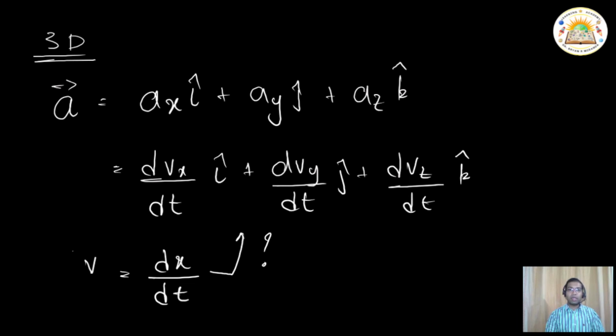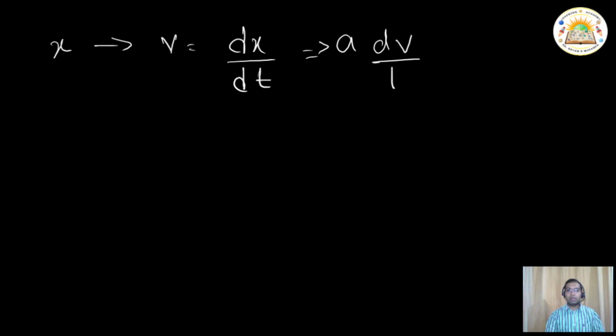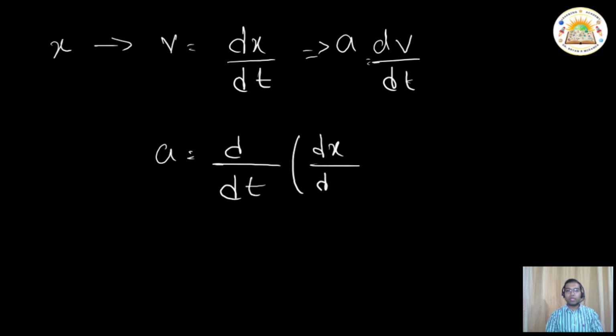Mathematically, I'll take a simple example. If x is my displacement, the velocity will be written as dx by dt, and acceleration would be nothing but dv by dt, which we can write as d by dt of v. Now what was v? dx by dt.